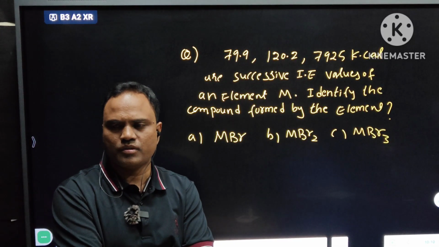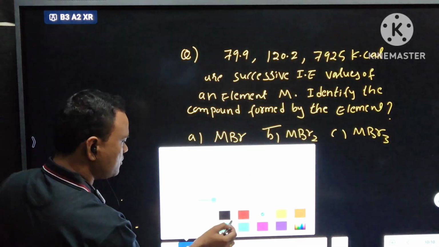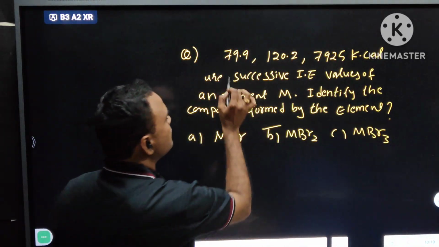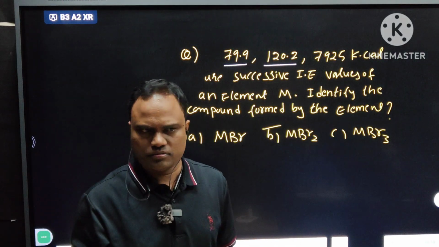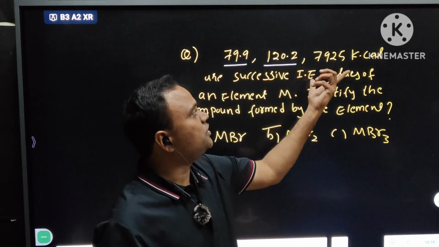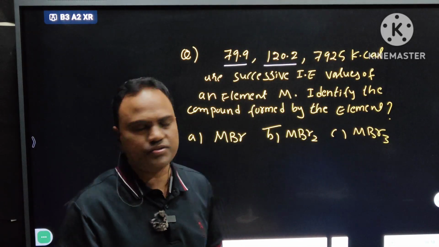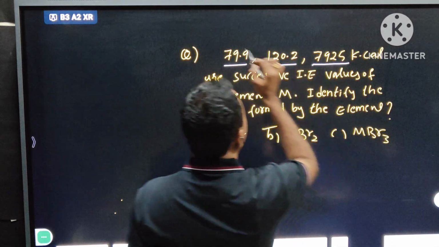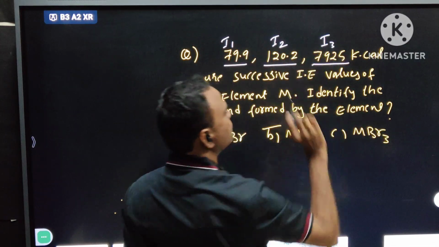The answer is the second, MBr2. See here, very simple trick. Observe 79, 120: a general increase only. There is no big gap, right? But 127,925 means a very abrupt increase. So this is I1, I2, I3.